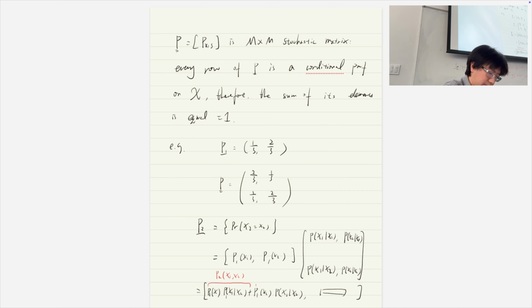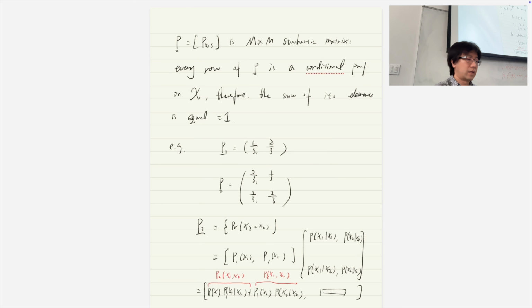Oh wait, this should be the probability of x1, x1. This is x1, x2, right? So we have 2 here, and this plus that will give you the probability P2(x1), right? Total probability formula, right? And similarly, you can get that here. That clear?